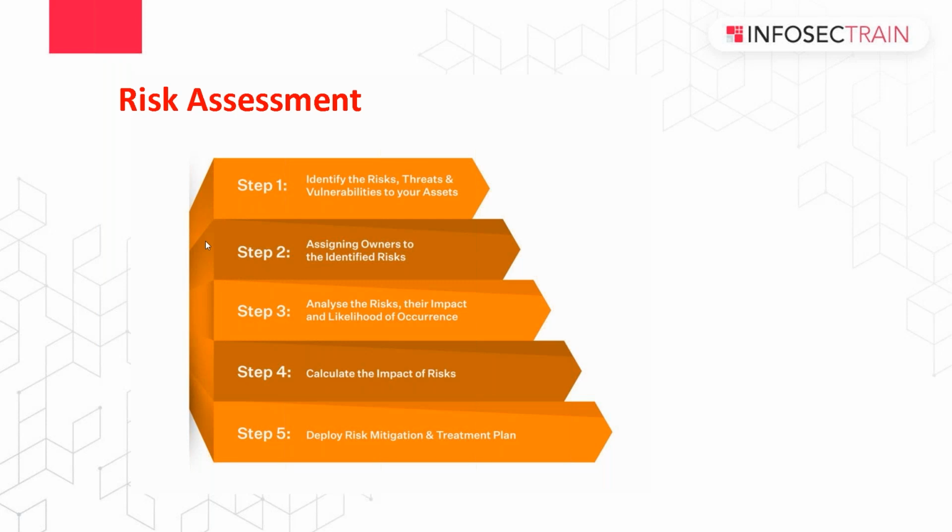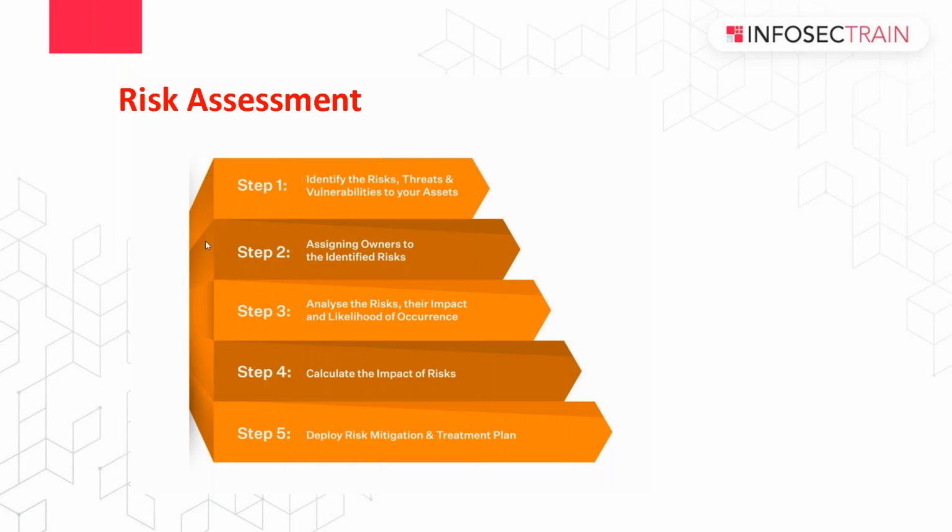So we are evaluating those actions. First we define the methodology, which type of assessment we are going to perform. Once the methodology has been selected, we go ahead and start performing the assessment.